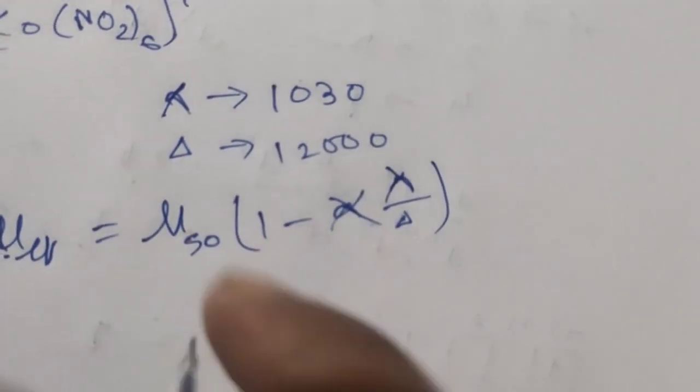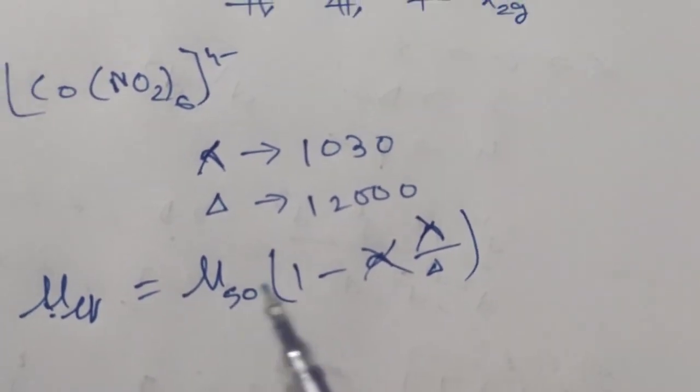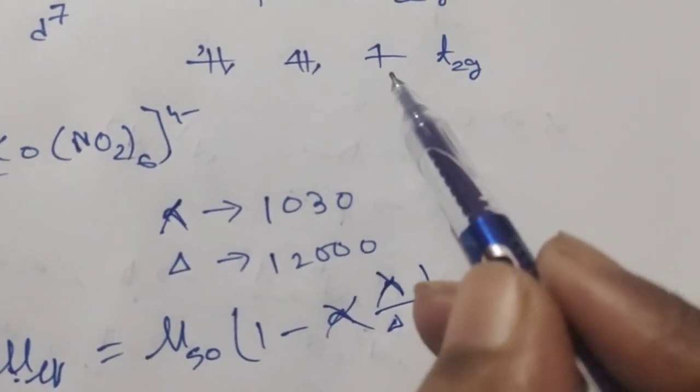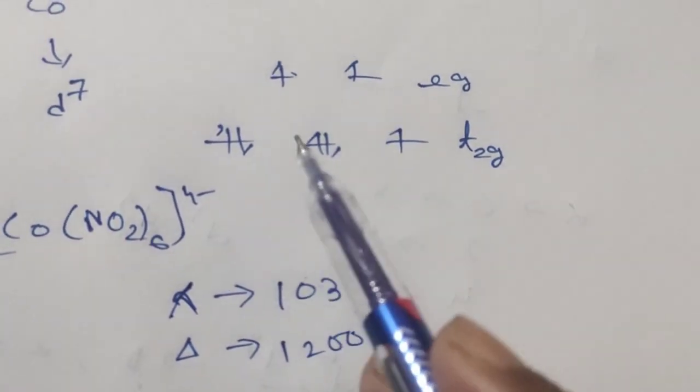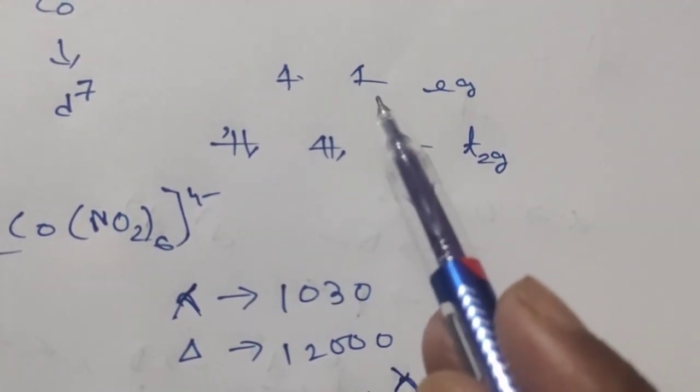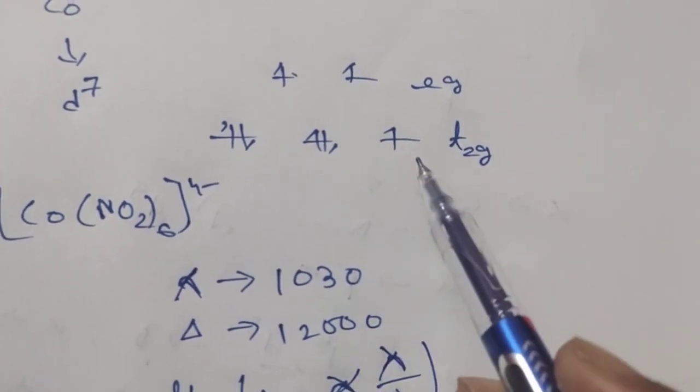To calculate, first of all we need to find how many unpaired electrons there are.